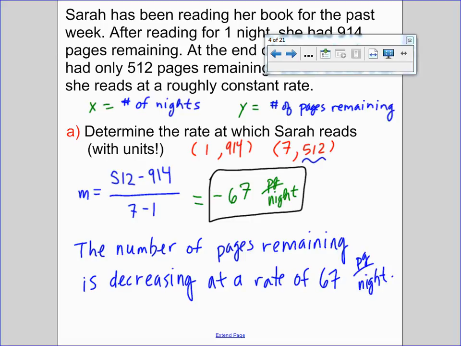So I know that the number of pages remaining is decreasing at a rate of 67 pages per night. That means after one night spent reading, I expect the number of pages remaining to go down by 67 pages. Awesome. What questions do you have about this first one?